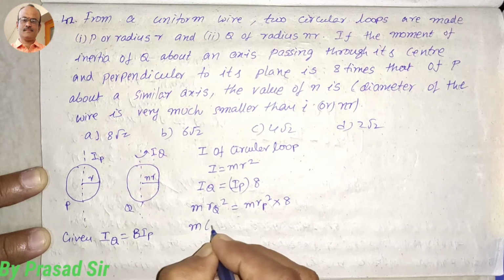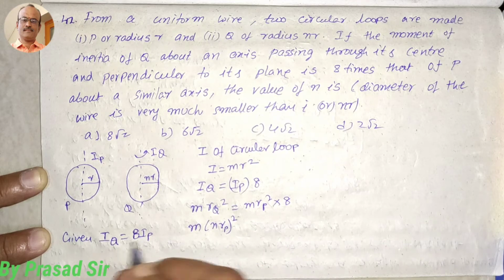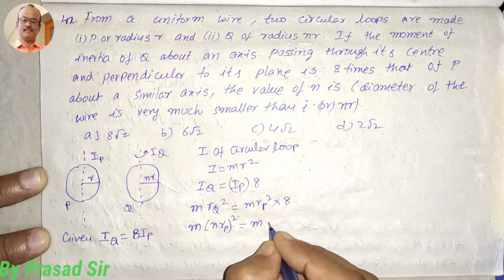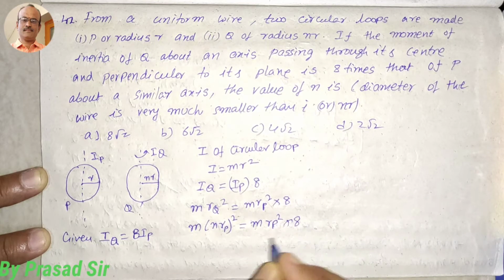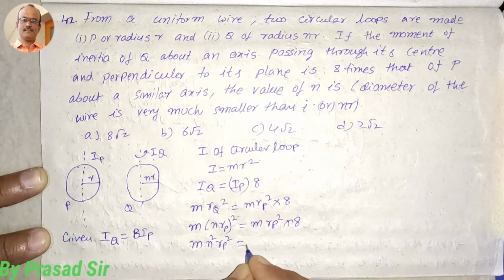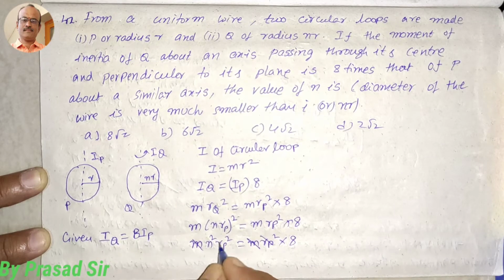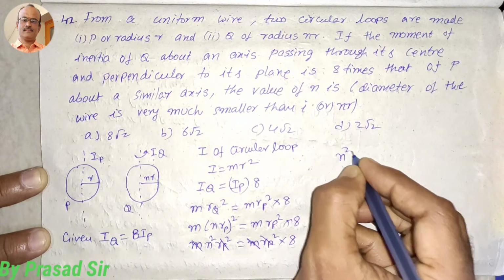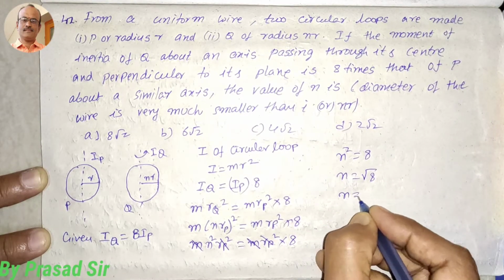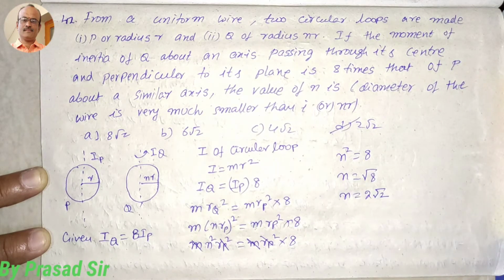Here R Q is n R P, so M n square R P square is equal to M R P square into 8. M R P square cancels, remaining is n square equal to 8, n is equal to root 8, and n is equal to 2 root 2. So the option is D.